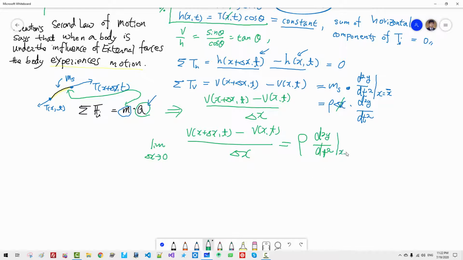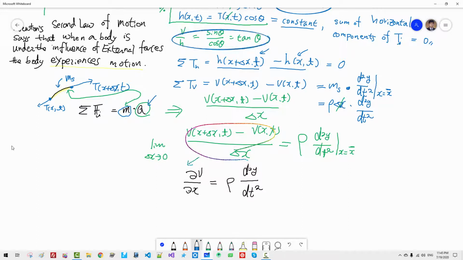Here x equals x bar. If we take the limit, it is partial V over partial x equals this term, rho d square y over dt square.